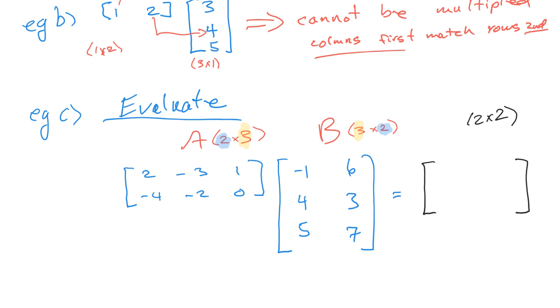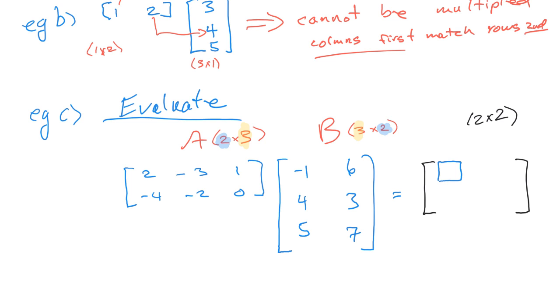So let's see how we go about filling this. To get the first element in our box, we call that A11, we're going to take all three numbers in the row of A with the column numbers in B and multiply them together. I'm going to write it out in yellow.